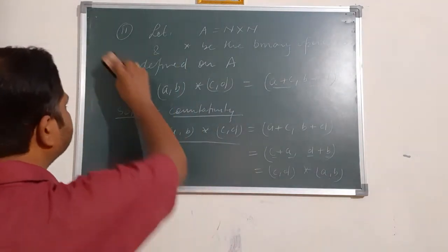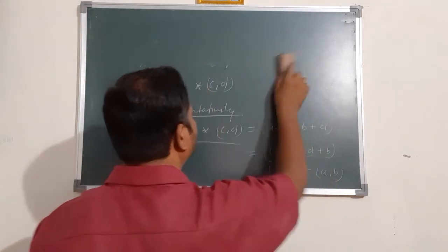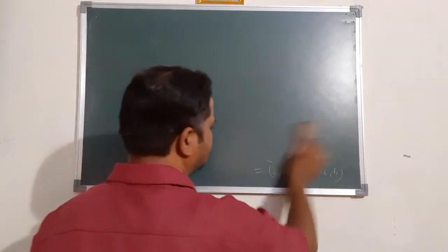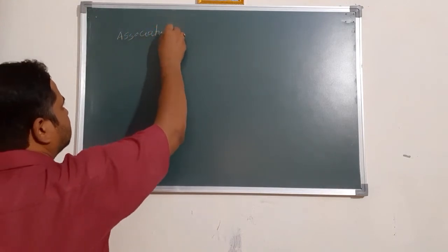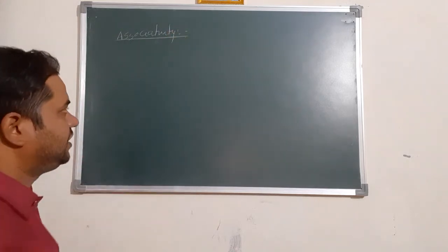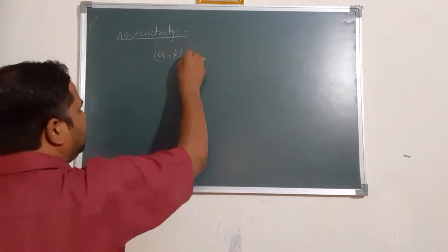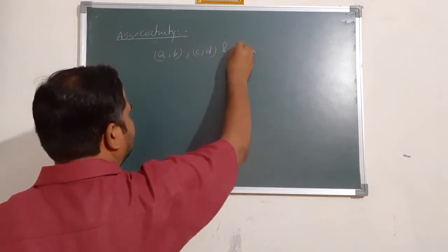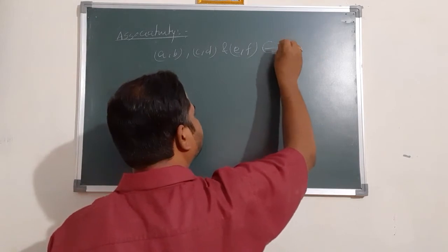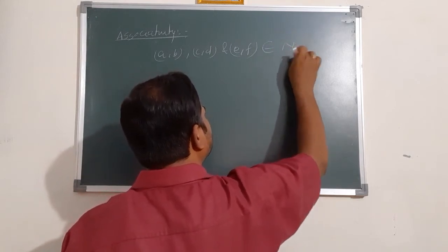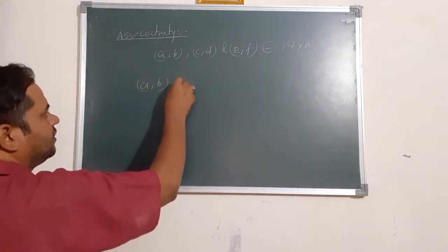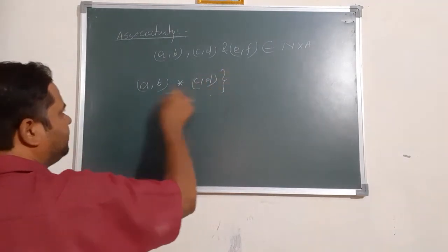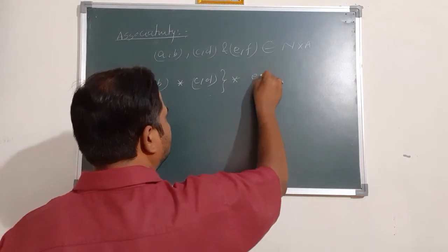See, we consider three elements on N cross N. Suppose we have to check associativity, so we consider three elements (a, b), (c, d) and (e, f) belonging to N cross N, that is on set A. So we have ((a, b) star (c, d)) star (e, f).